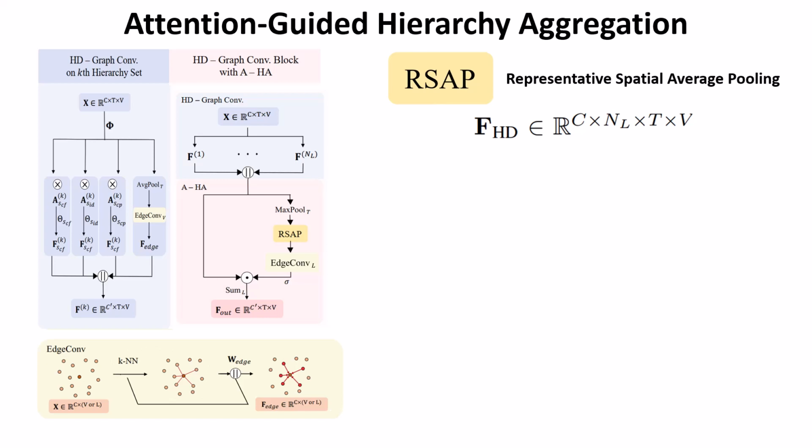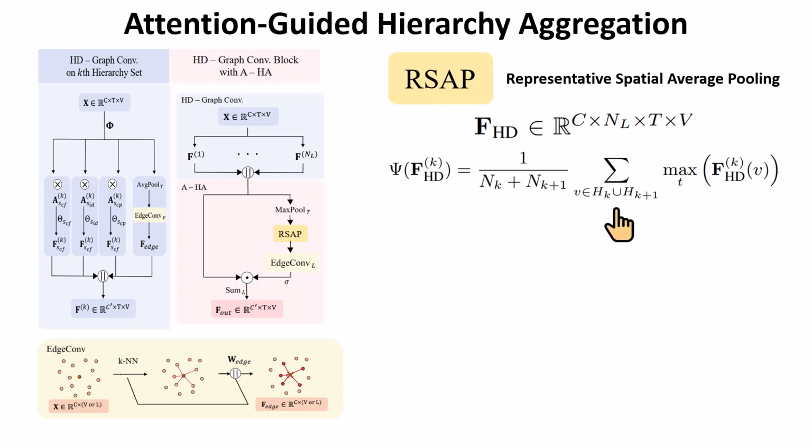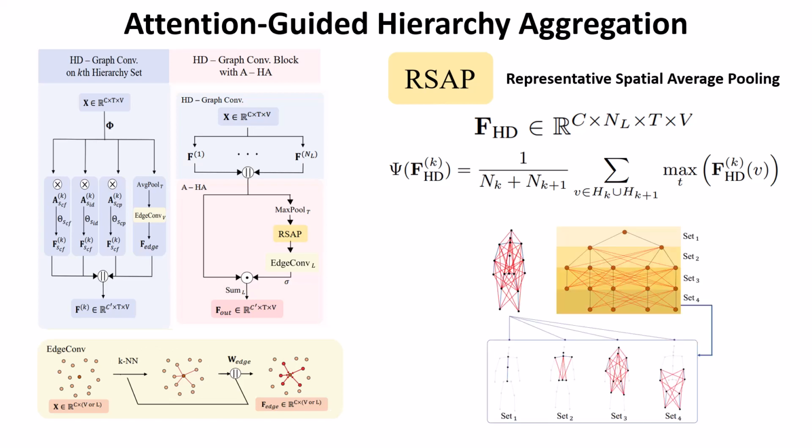But this RSAP, what it does is look at sets of nodes that we have in a certain edge set. So the union of HK and HK plus 1 is one edge set. You can see here, for example, if we combine H1, which is this center torso, and H2, which is upper torso and bottom torso, we have all the nodes in edge set 1.